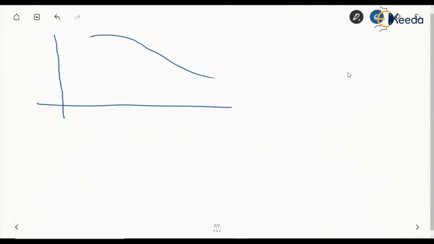Let's say we have this certain function, let's say this is f of x, and at some point this is having a break. So there are chances, and this is nothing but x naught, this is x. Fine.